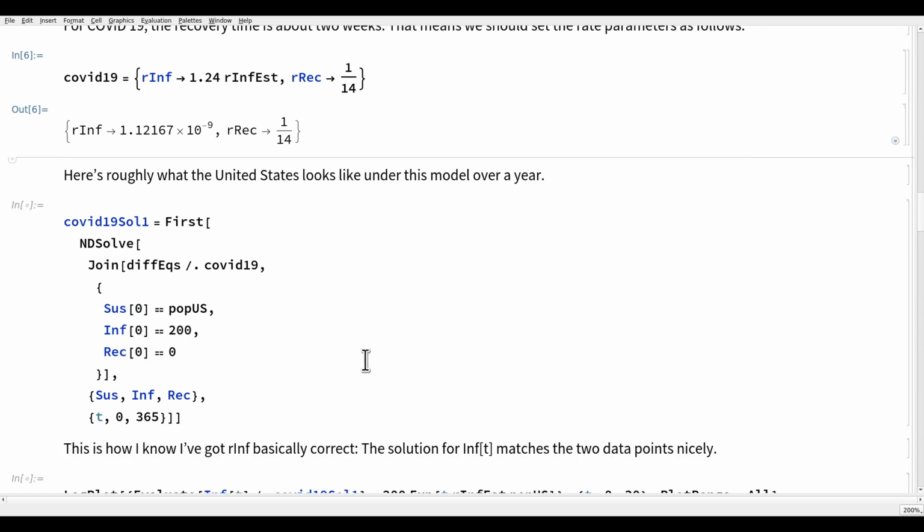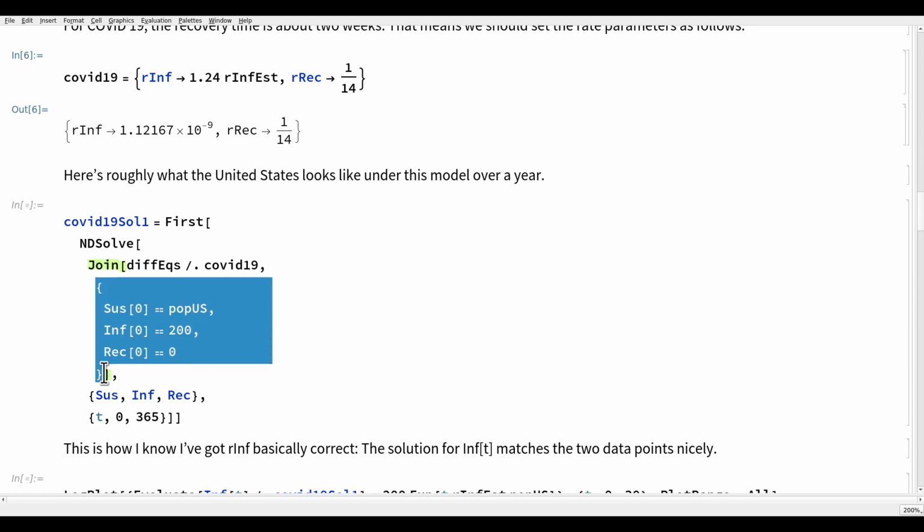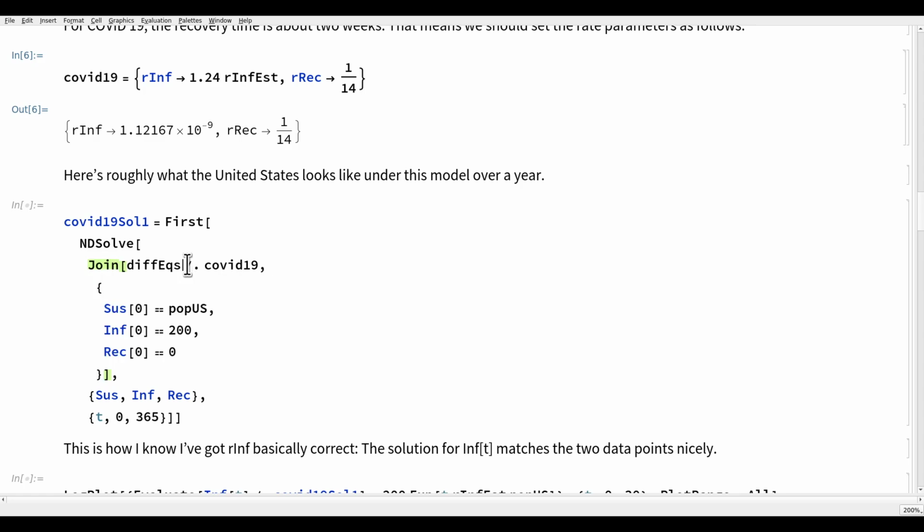So for the numerics, I'm going to use the Mathematica function NDSolve. That's the numerical differential equation solver. Here's how this works. I'm going to use Join to take the differential equations and join them to these initial conditions. Again, I'm going to say that on day 0, which was March 5th, there were 200 infected people. The slash-dot notation here is how you do a substitution in Mathematica. So I'm going to use these numbers, and this notation replaces rInf and rRec in my differential equations with these specific numbers.